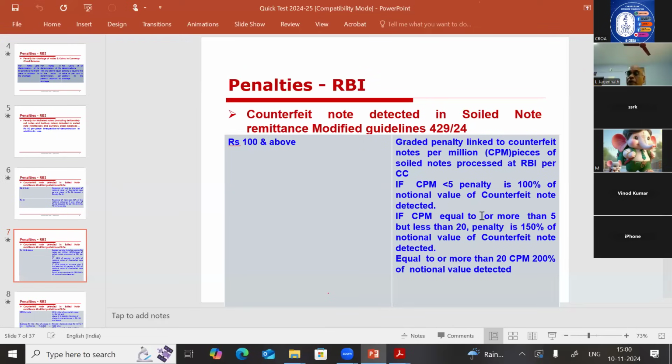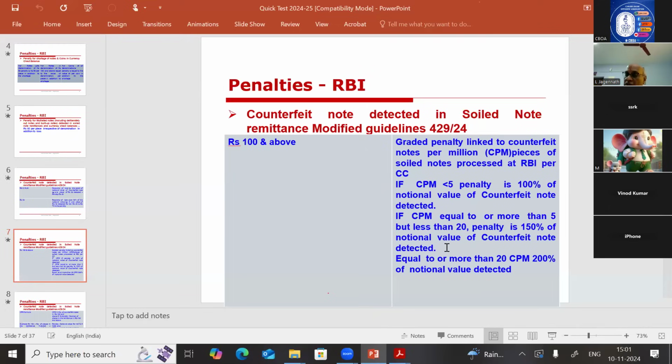If CPM is equal to or more than 5 but less than 20, the penalty is 150% of the notional value of the counterfeit note deducted. Let us assume 200 rupees counterfeit notes, three pieces, are found out in a soiled note remittance, so 600 rupees.